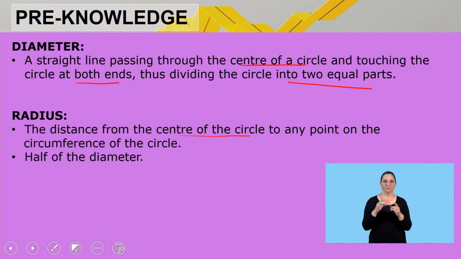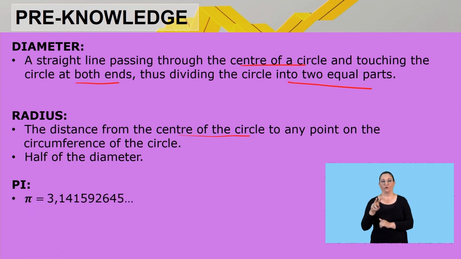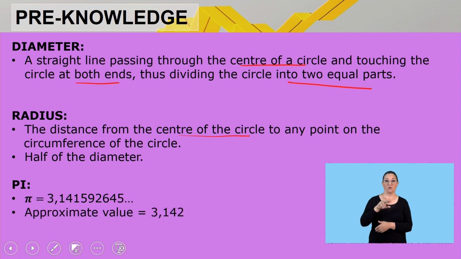We also know that radius is half of our diameter. Then we refer to pi, where we say pi equals 3,141592,645 and a few other numbers, they continue, right? But we will use the approximate value of pi of 3,142.